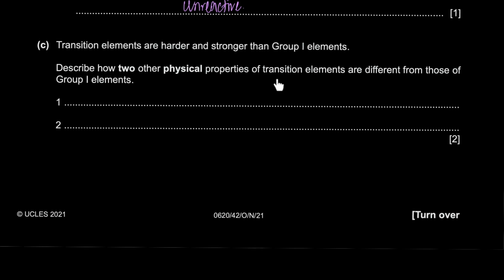Describe how two other physical properties of transition elements are different from those of group 1 elements. They have higher densities, of course. What else?